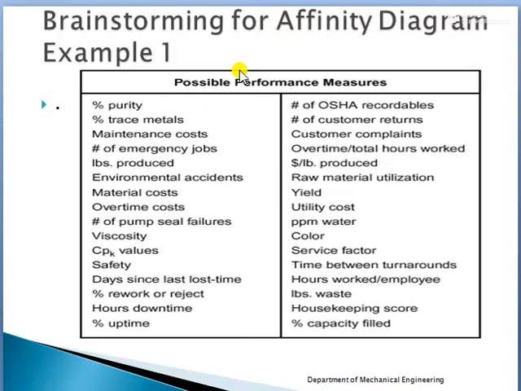The rest of the headings were added after the grouping emerged. Five broad areas of performance were identified: product quality, equipment maintenance, manufacturing cost, production volume, and safety and environmental.